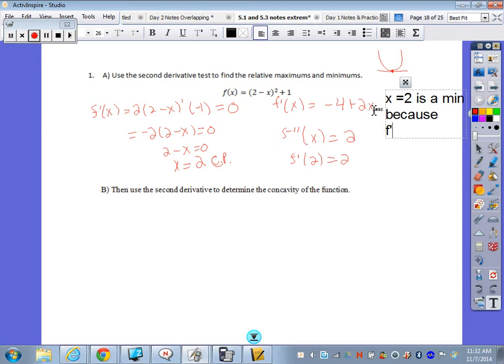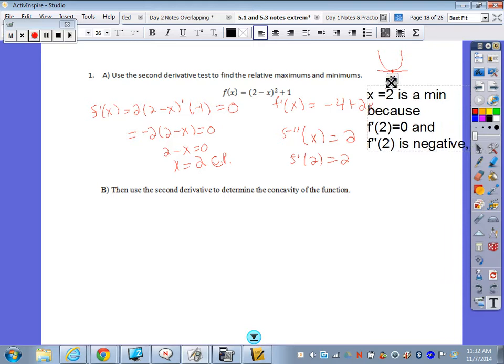Either f prime of 2 is equal to 0, or you can say x equals 2 is a critical point, and f double prime of 2 is positive, and you also have to say f of x is concave up at x equals 2. So you must say all 4 things.